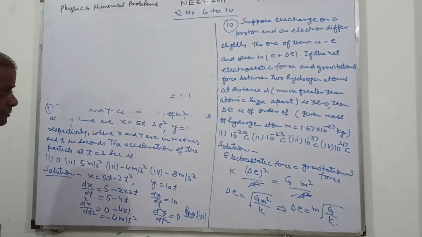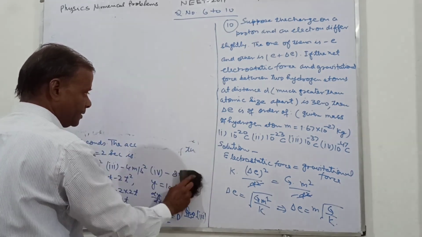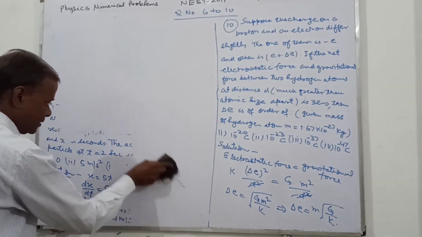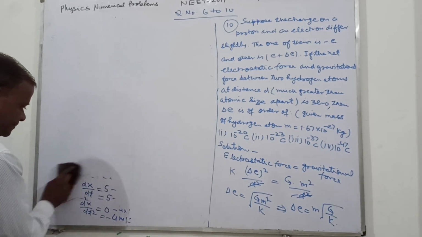Now the value of G is 6.67 into 10 raised to the power minus 11, and K is 9 into 10 raised to the power 9. So we put that in and then we find the answer.